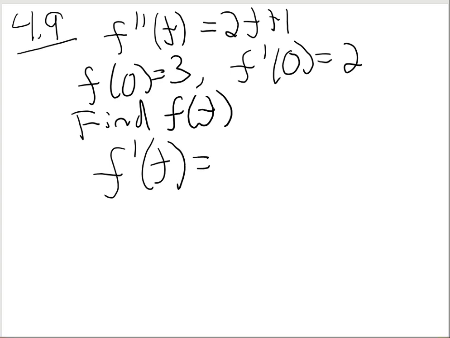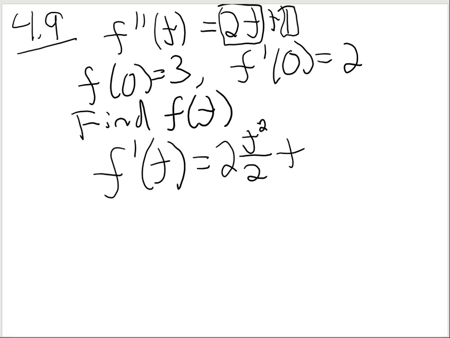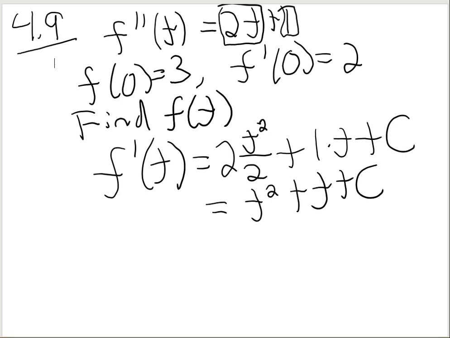That will just give us f prime. We have to take the antiderivative of each term. So the antiderivative is going to be 2t, add 1 to the power, divide by new power, plus 1 times t, plus c, or t squared plus t plus c.